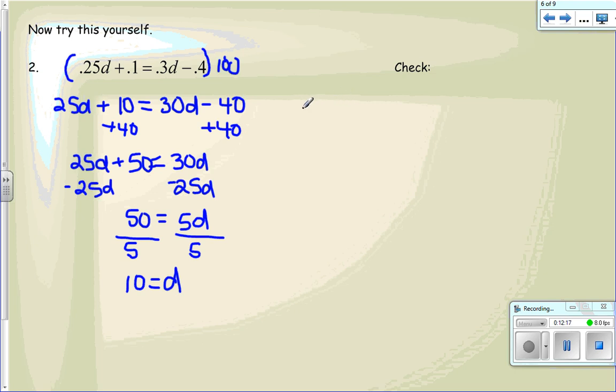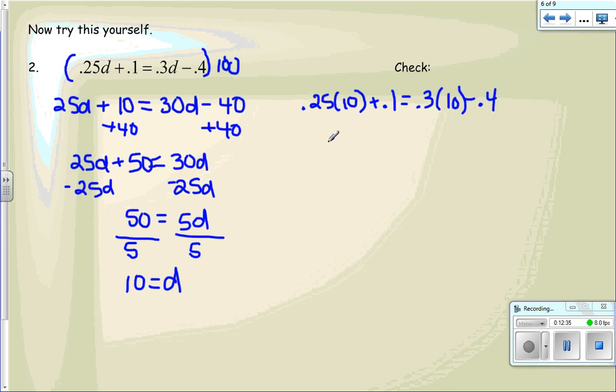So I have 0.25 times d, which we got 10, plus 0.1 equals 0.3 times d, which is 10, minus 0.4.